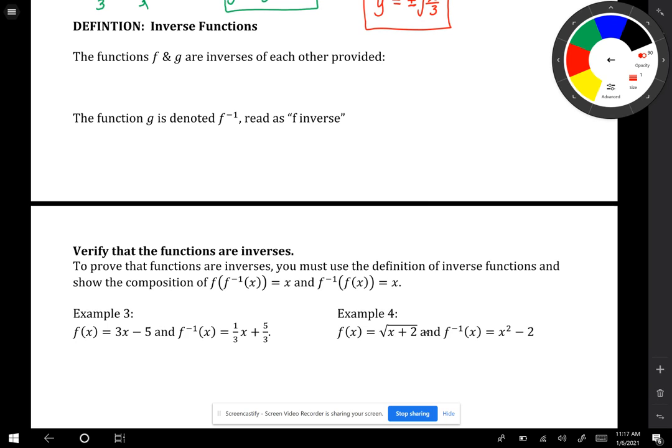So if f of g of x is equal to x, and g of f of x is equal to x, then they are inverses. So that must be true. And you must show both. And we will do 2 examples. So hopefully this won't be that difficult.